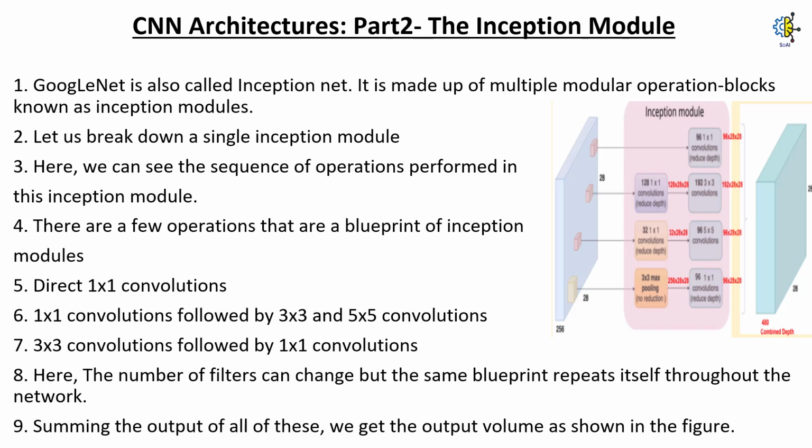There are a few operations that are a blueprint of Inception modules: direct 1x1 convolutions, 1x1 convolutions followed by 3x3 and 5x5 convolutions, and 3x3 max pooling followed by 1x1 convolutions. Here, the number of filters can change, but the same blueprint repeats itself throughout the network. Summing the output of all these, we get the output volume as shown in the figure.